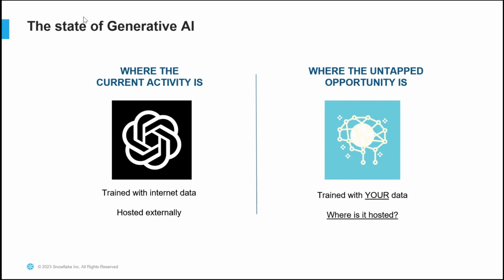However, they are hosted externally. So in order to use these assets, typically you bring your data to the asset. So you're bringing your data to the third party, to the AI asset, to be able to generate insights for you. A lot of times that's a non-starter for folks.